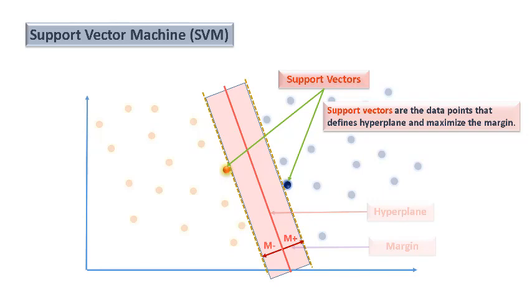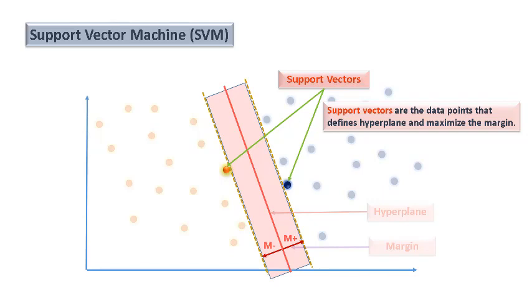So in multi-dimensional space, these are not data points, they are nothing but vectors. These are the two points supporting the decision boundary. That's why they are called support vectors, and that's why the algorithm is called support vector machine.